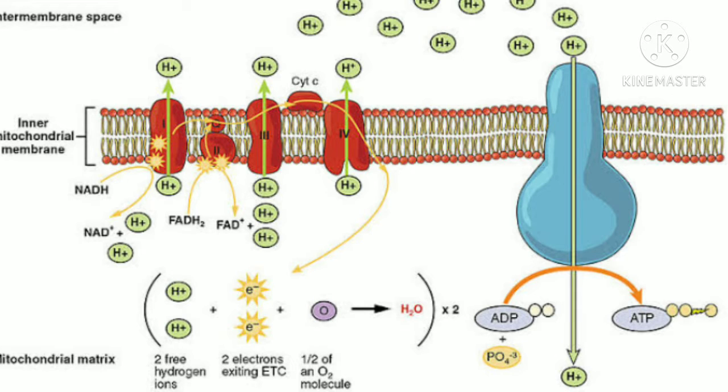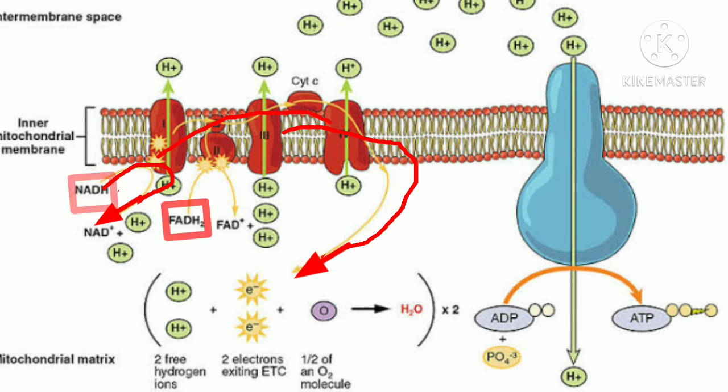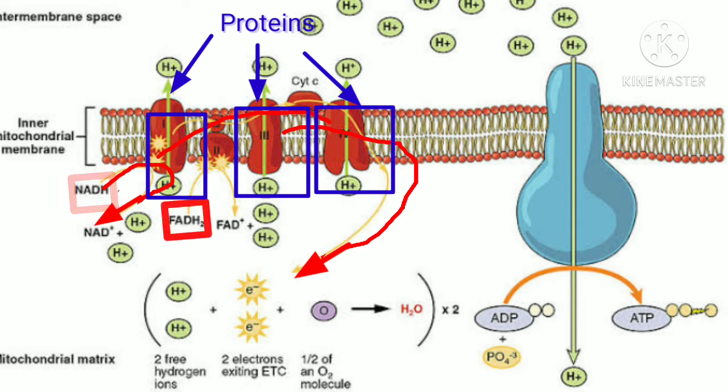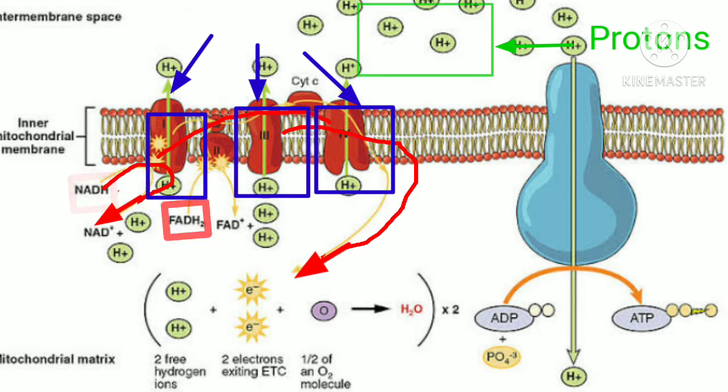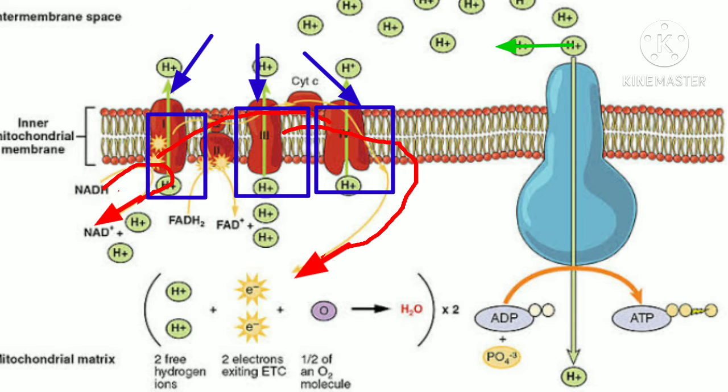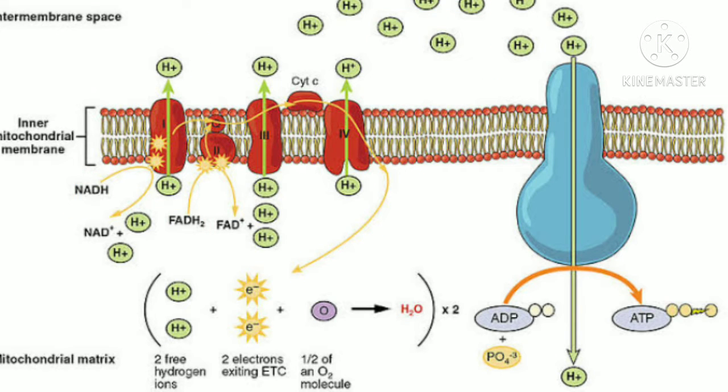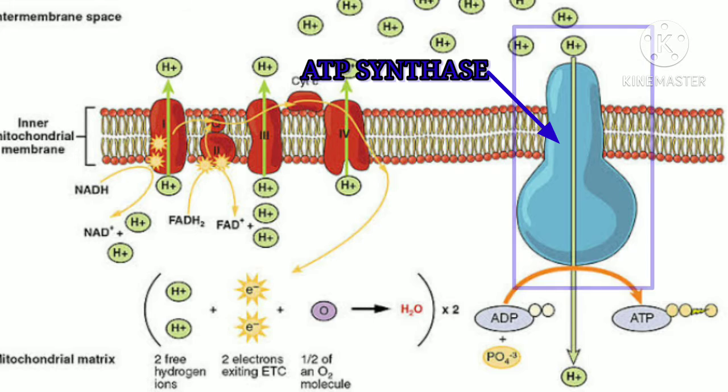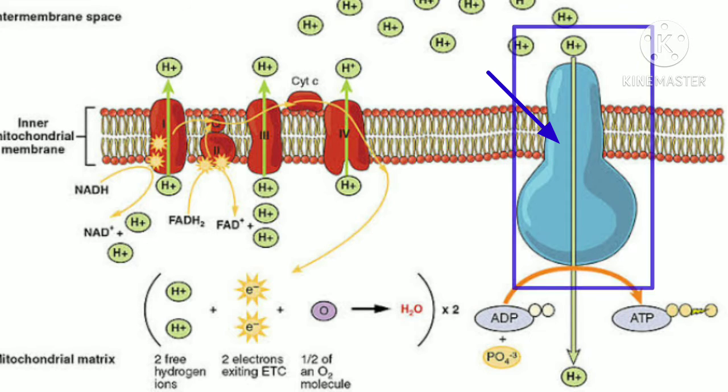So in this diagram, the electrons of FADH2 and NADH move through a series of proteins. Every time the electron passes through these proteins, it pumps protons out, causing a ton of positive ions outside of the matrix. Then the protons that were pumped out will move through the protein called ATP synthase, which is the site of ATP synthesis.